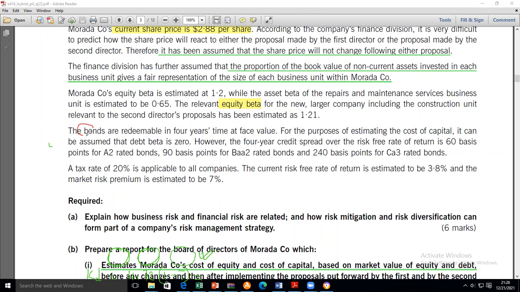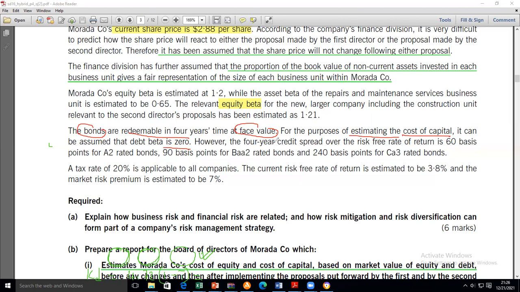The bonds are redeemable in 4 years' time at the face value. For the purpose of estimating the cost of capital, it can be assumed that the debt beta is 0.